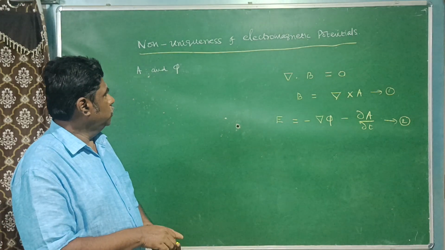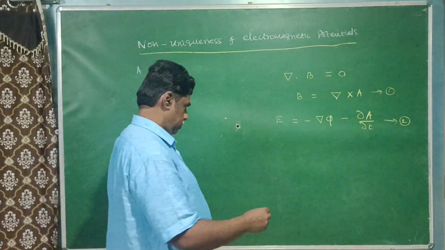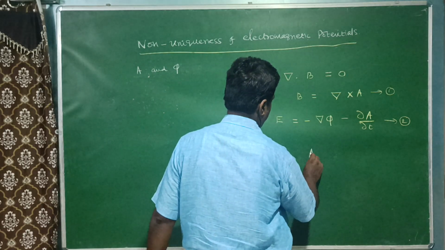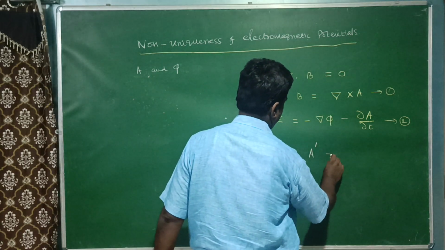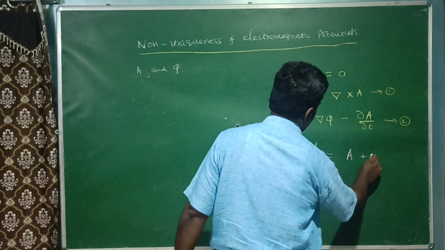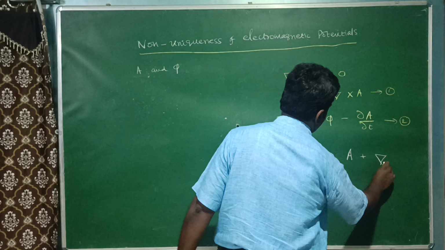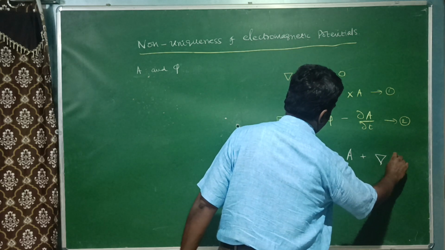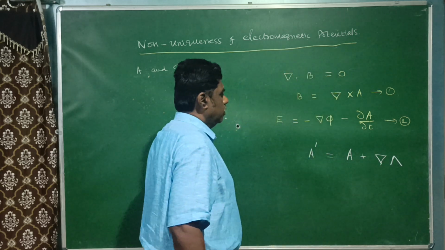Let us introduce a vector potential A dash, obtained by adding a quantity, gradient of a scalar, grad lambda.